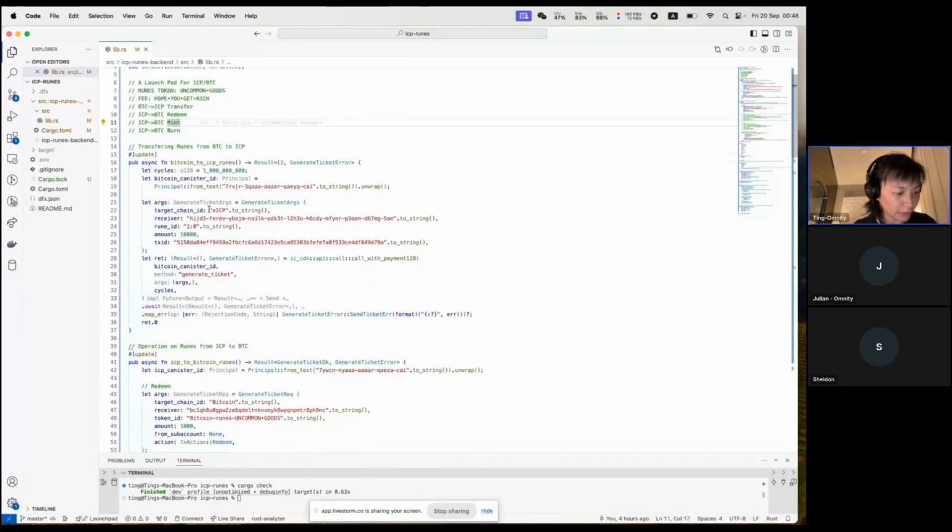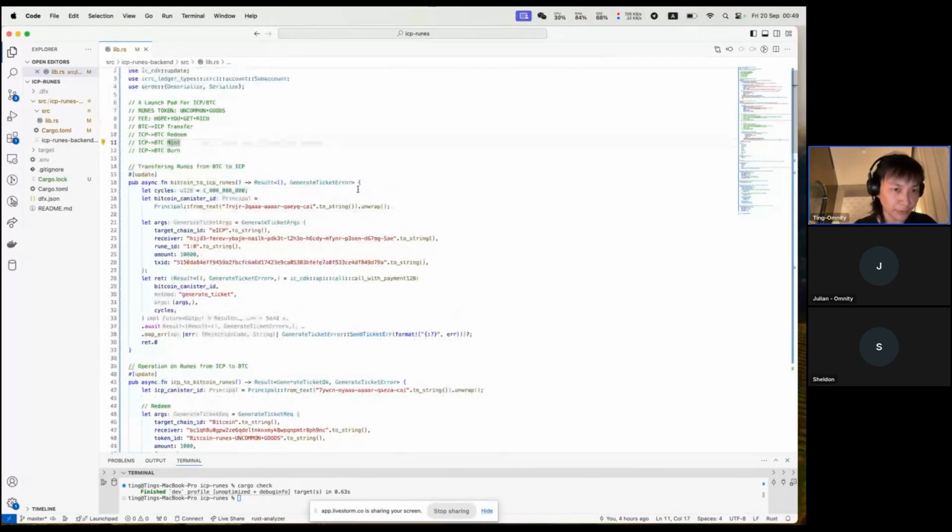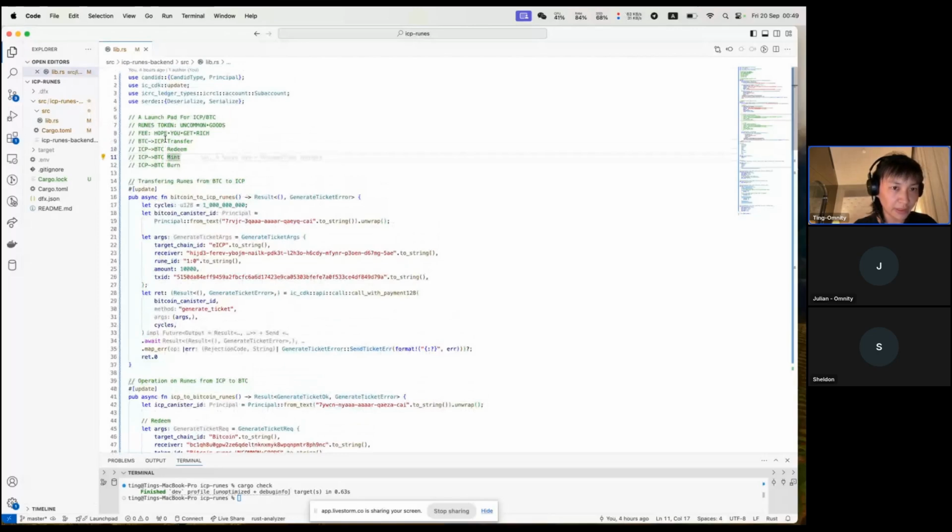In this launchpad, you can utilize the Omnity cross-chain feature to transfer, redeem, mint, and burn your Runes by using the generate ticket API on a different canister.